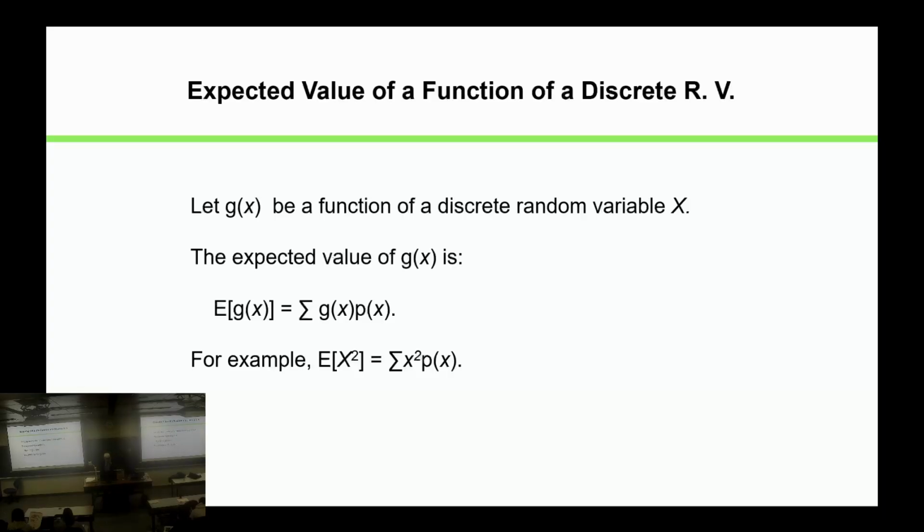So the variance is a function of the random variable x, and it's a very specific function.